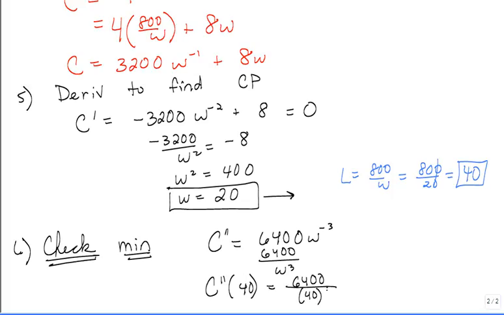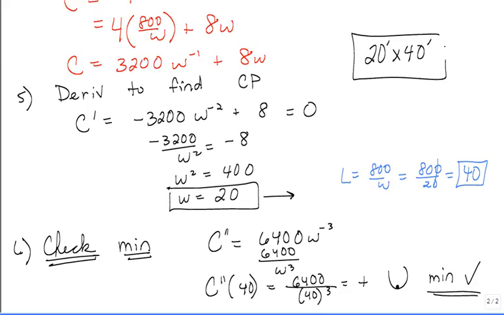I don't care what that answer is. I know that's positive, so it's concave up at that critical point, so I do have a min. So make sure you go through these 6 steps every time. My rectangular area is 40 feet by 20 feet. That's my answer.